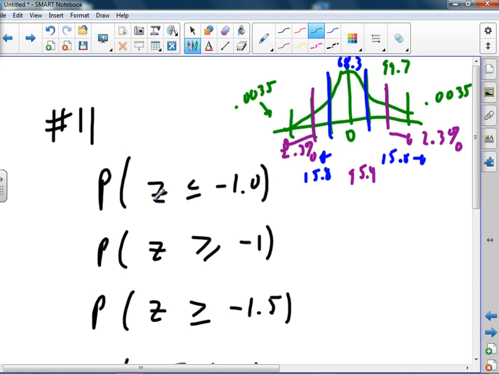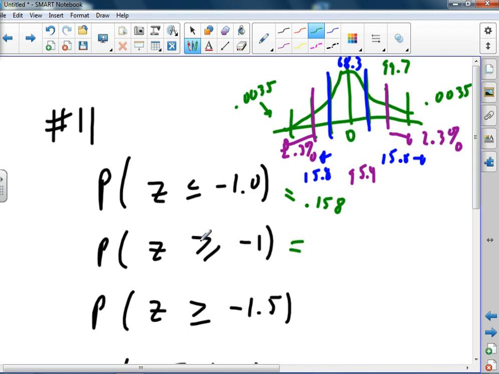If Z is greater than or equal to -1, which puts us there, then the tail is going to be that 15.8, 0.158.